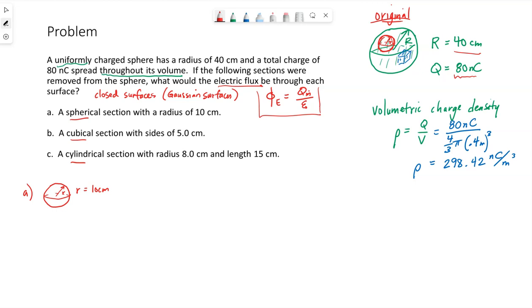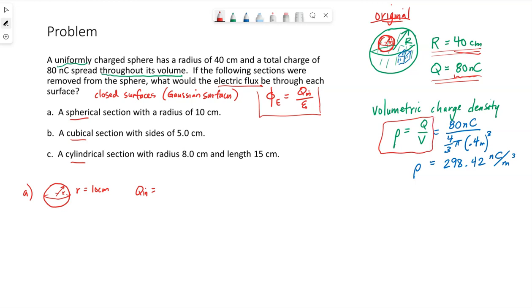So Q in for this surface is not 80, because this 80 nanocoulombs of charge was spread throughout the sphere that had a 40 centimeter radius. Q in is going to come from our charge density.